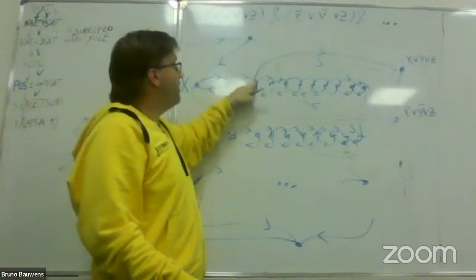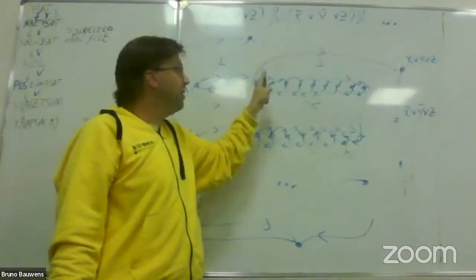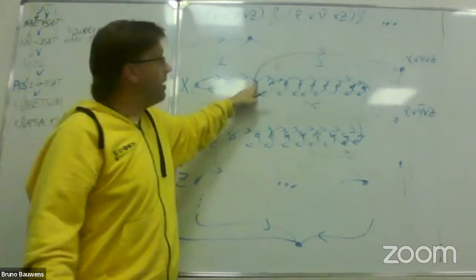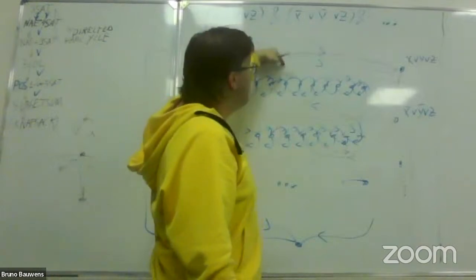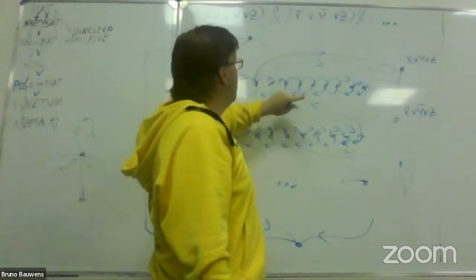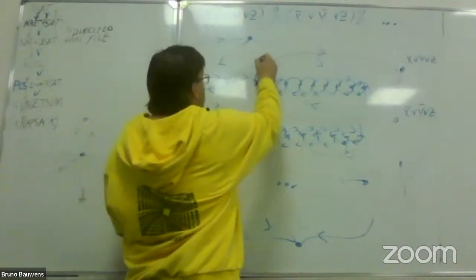When we arrive here, we have a choice. We might visit this node, yes or no. If we decide to visit this node, then the claim is that we must return by the other black edge. Why? Imagine that we go from here to the black node.